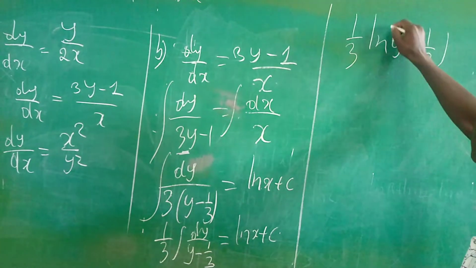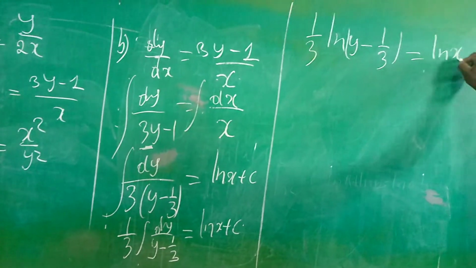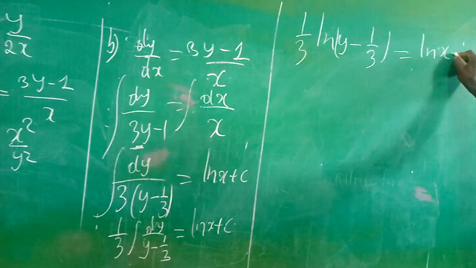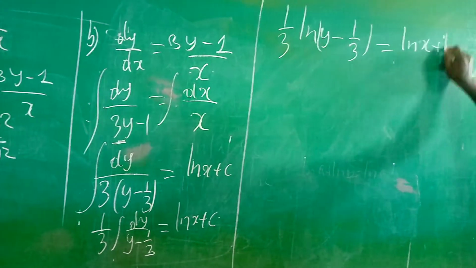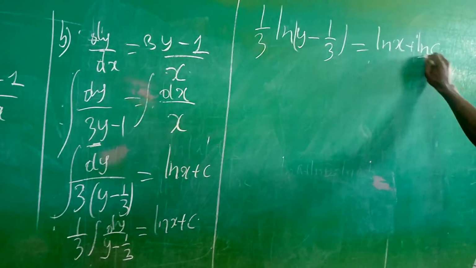Here we continue, and we get 1 over 3 ln of y minus 1 over 3 equal to ln x, and here we can put ln c, because nothing will change on this side.